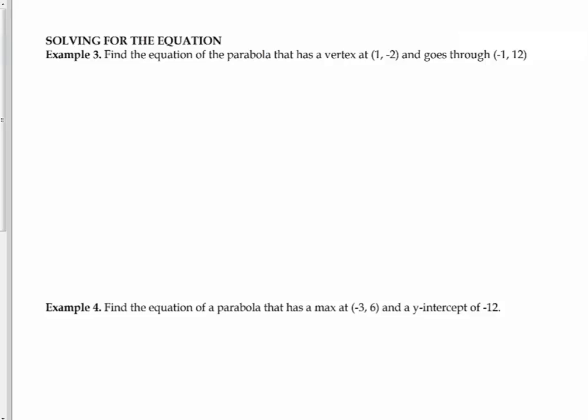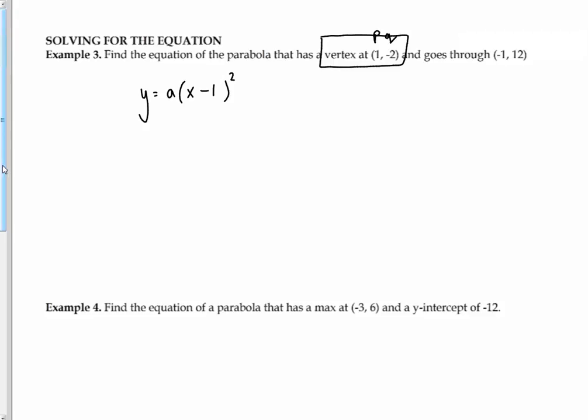Find the equation of the parabola that has a vertex of (1, -2) and goes through (-1, 12). Okay, right away, what do we know about (1, -2)? p and q. So we start with subbing in p and q. Does it become x plus 1 or x minus 1?